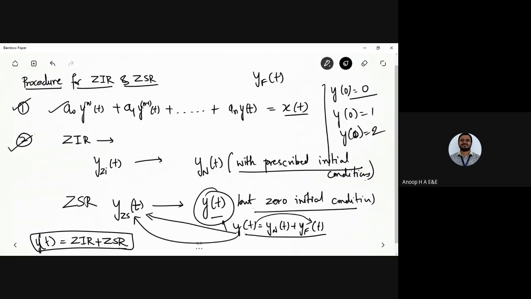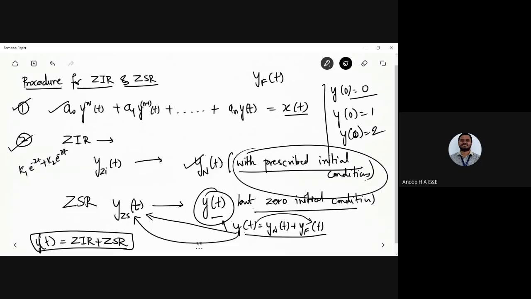Next, second step, to find the zero input response, you are going to calculate the natural response of the system with the prescribed initial conditions. For example, you will get yn of t as k1 e power minus 2t plus k2 e power minus 3t.